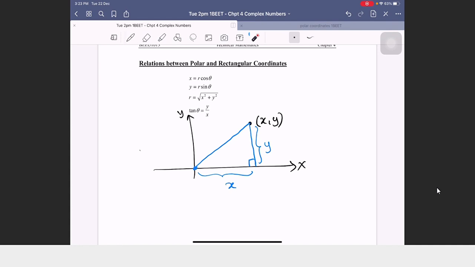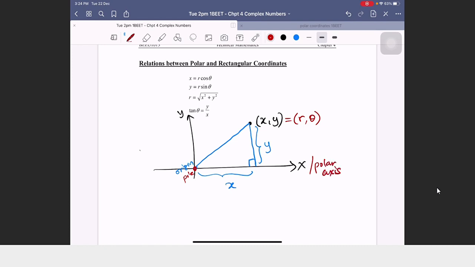Now if I map this drawing on the polar grid, remember the origin now becomes the pole. If it's rectangular, it's the origin; if it's polar, it's the pole. The point x y on the polar grid is represented by r theta, and this is the polar axis.